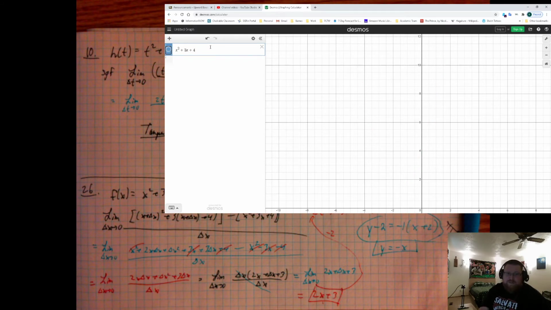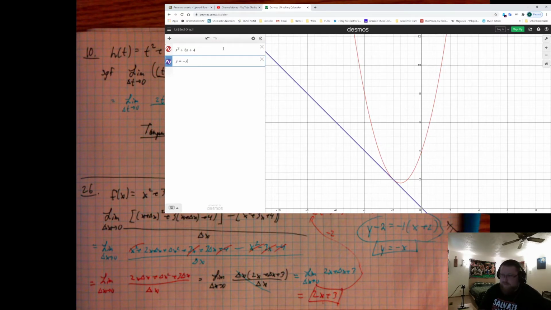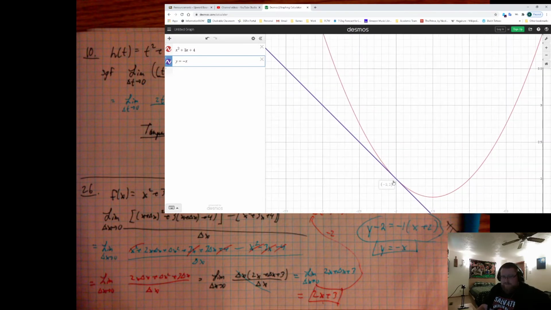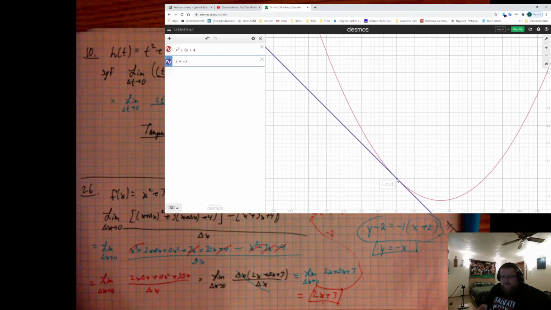And my point was, oops, y equals negative x. Look at that. It goes to the point negative 2, 2. And it represents the slope at that point. Yeah, I'd say so. Look at that.